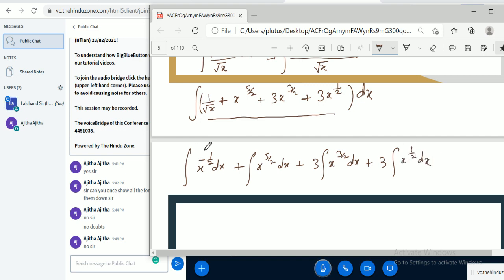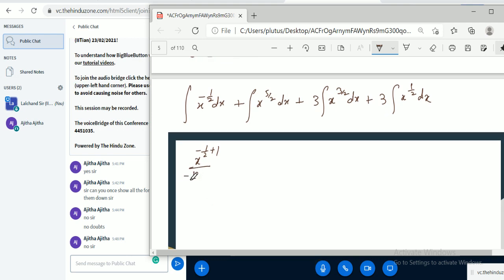So if we integrate these terms, this will be x to the power minus 1 by 2 plus 1 divided by minus 1 by 2 plus 1, the x to the power n integration, simple.